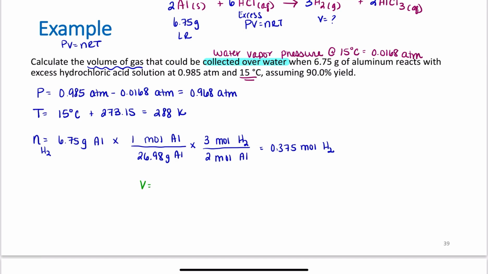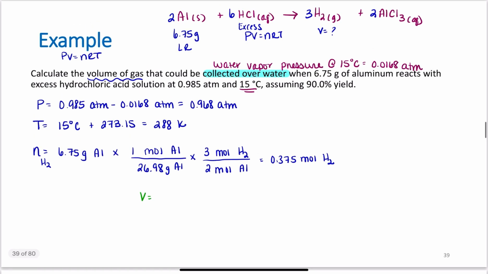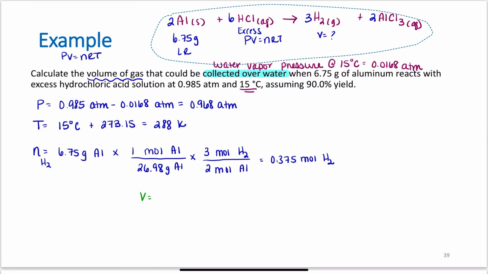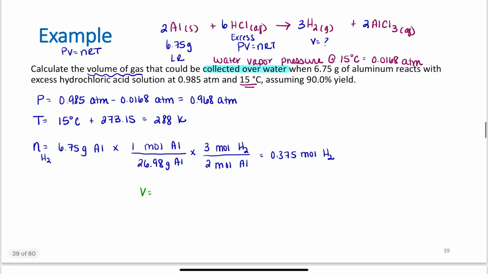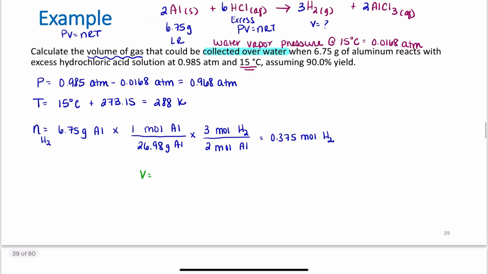I've got my pressure, my temperature, my number of moles, and my gas constant is a constant. So, trying to solve for volume. I'm going to move these down slightly so I can move the screen up. Again, PV equals nRT. If I'm solving for volume, that's nRT over P. I just determined that I could theoretically make 0.375 moles of H2.